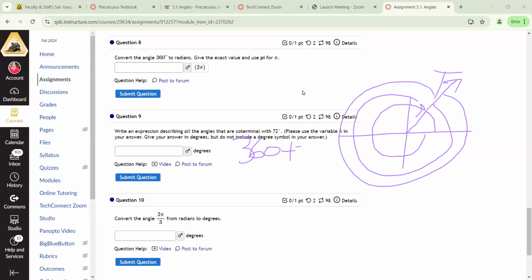So 72 and k means several times you can be reaching that position.